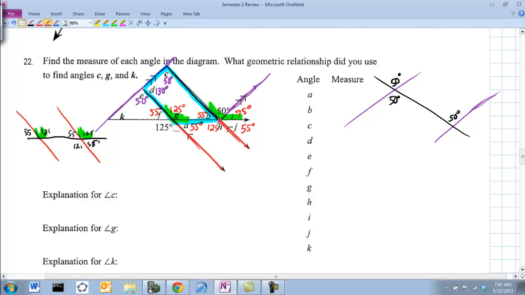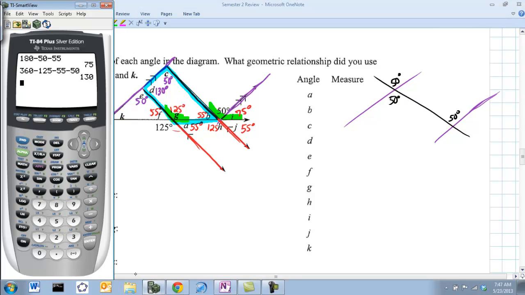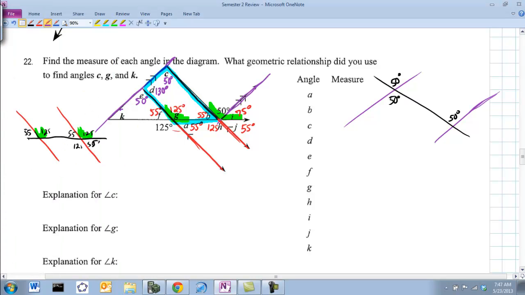Angle E and D are going to be supplementary, and let's see, angle K has to add up to 180 with that other 2 angles minus the 50 and the 55, and so we get 75.